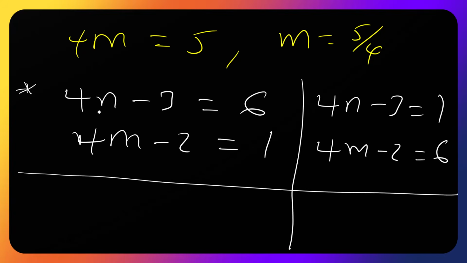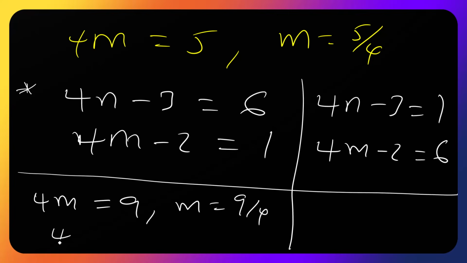So 4n minus 3 equals 6, so 4n equals 9. My n will be 9 on 4. And 4m equals to 3. My m will be 3 on 4.